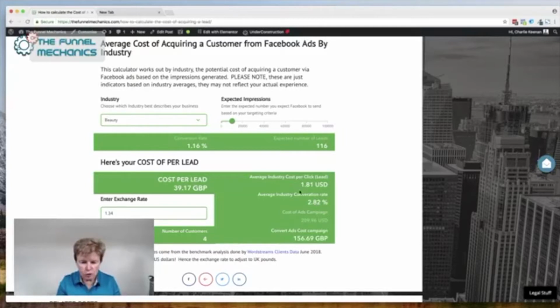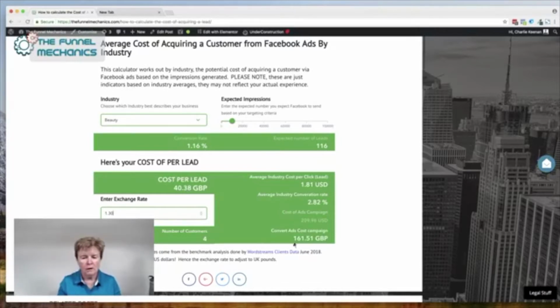The average cost per click for the beauty industry is $1.81. If you convert that to the UK, I'm just going to make that around about 1.30 at the moment, 1.28. That gives you a cost per lead of £40.38. Now, how do we get there?